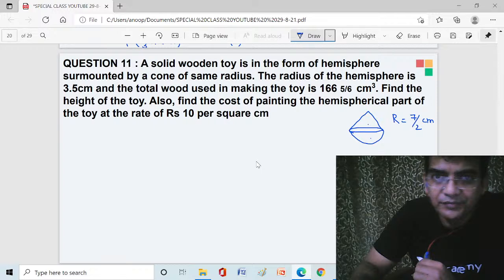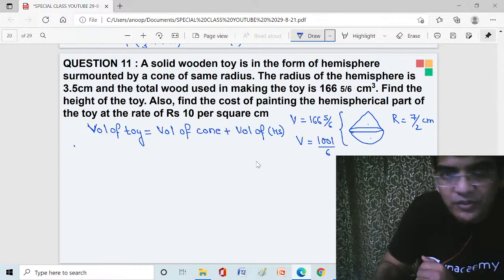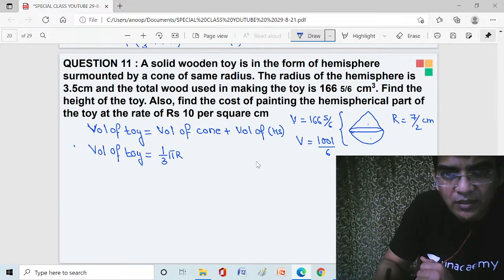Volume of toy, that is already given to you. So later on we will put it. On the right side we have volume of cone, so its formula is 1 upon 3 pi r square h, plus then we have volume of hemisphere, so the formula is 2 by 3 pi r cube.